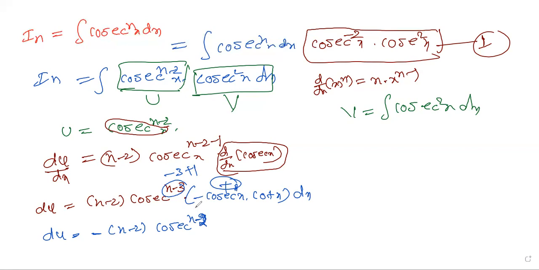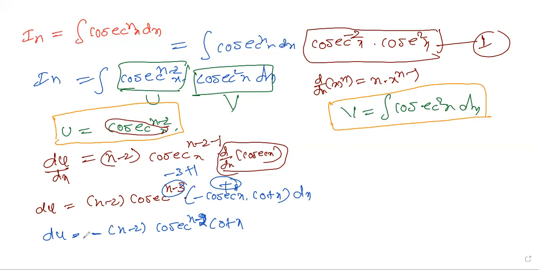Clear? Cot x is there, so I am writing it as cot x. No doubt at all: du is equal to minus n minus 2 into cosecant power n minus 2 into cot x dx. So du is also clear. When applying the formula of UV analysis, we require the value of u, we require the value of v, and we require the value of du.